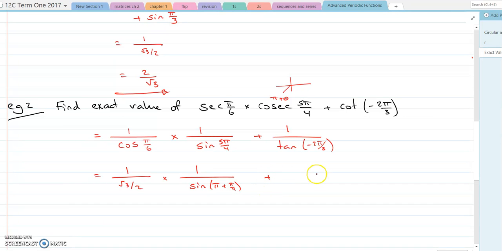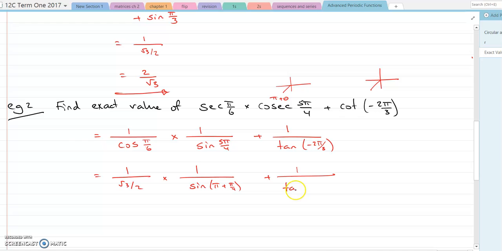Plus, I'm just going to write this. There are rules for tan of negative angles and so on, but I think it's easier just to realize that negative 2 pi over 3 is in quadrant 3.